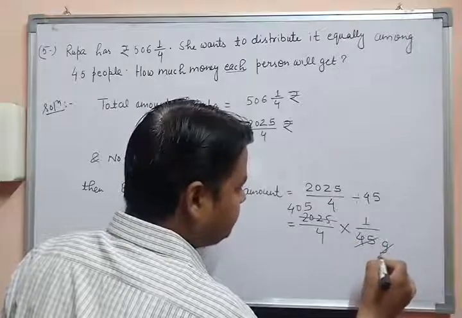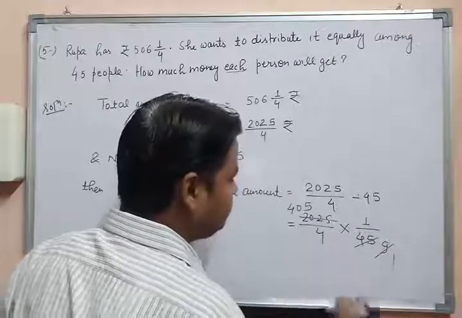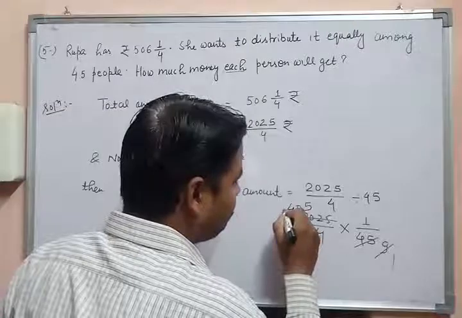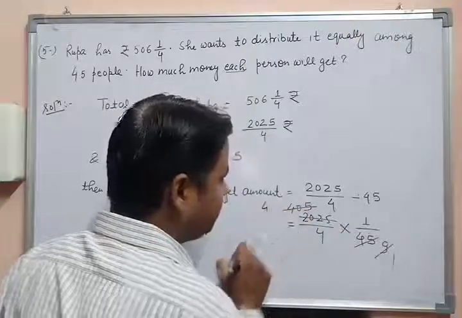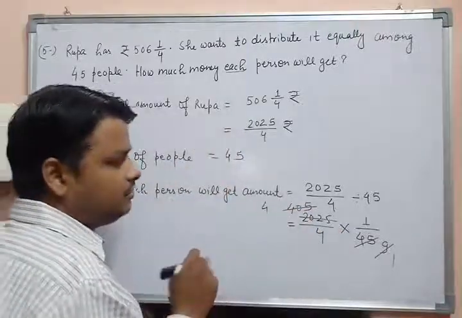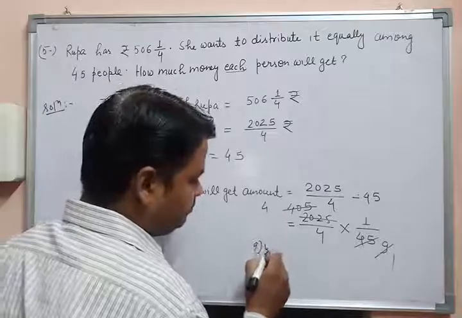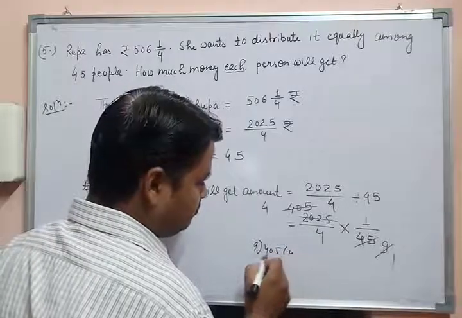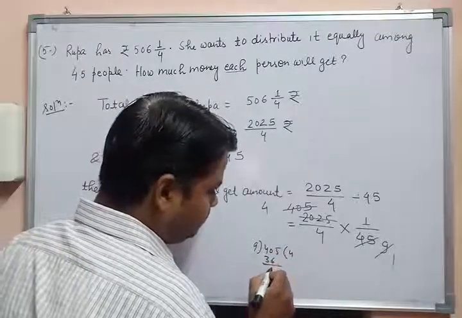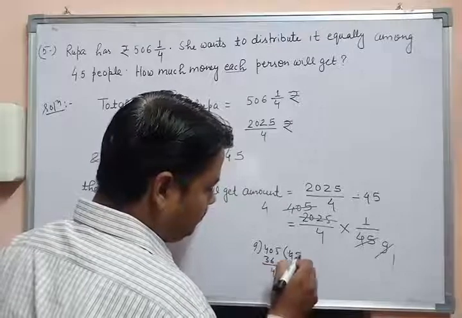Again this is divided by 9: 9 1s are 9, 9 4s are 36. Then we will get 45/4.